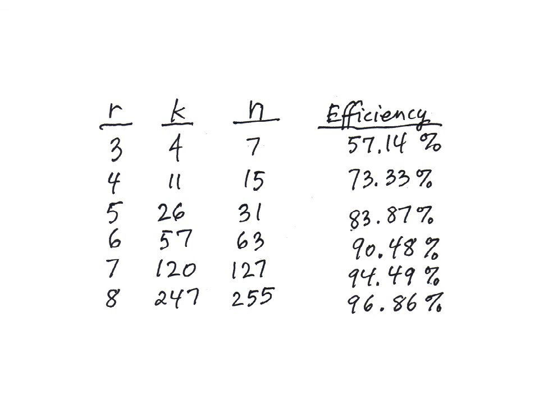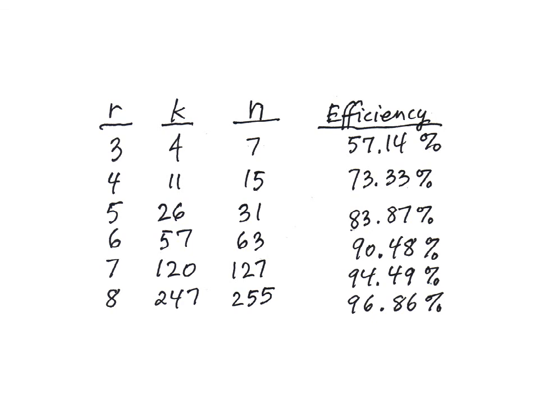I've calculated the efficiencies of different Hamming codes. The first row is the Hamming 7,4 code. So essentially 4/7 is 57%. And it's interesting to note that the efficiency grows rapidly as r increases.